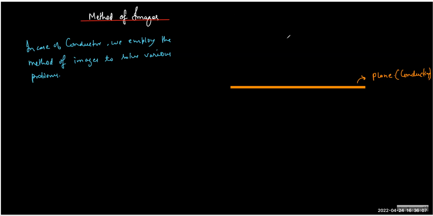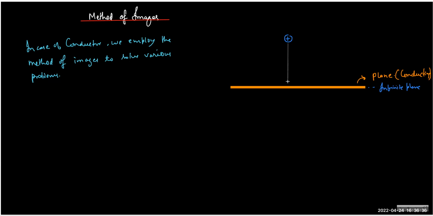Now imagine we have a charge here, and the plane is really infinite or really big. How will the electric field lines look? So one field line will terminate from here to here.